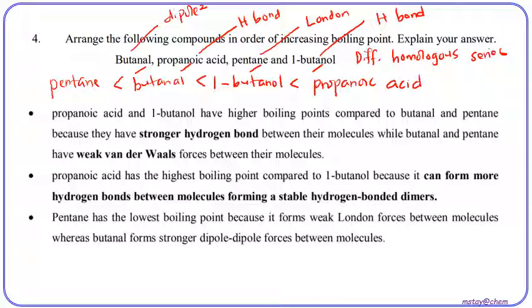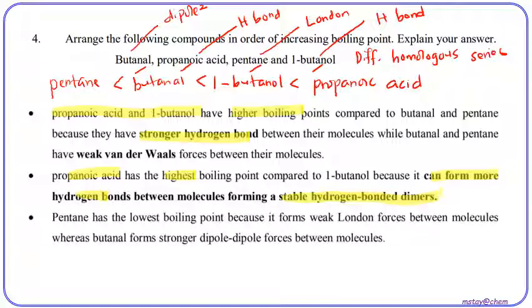Okay, so when we look at the answer over here, in general, you will mention propanoic acid and 1-butanol higher boiling point. It's due to they have hydrogen bond. Then they will mention why propanoic acid is highest, because it can form more hydrogen bond due to the stable hydrogen bonded dimer.